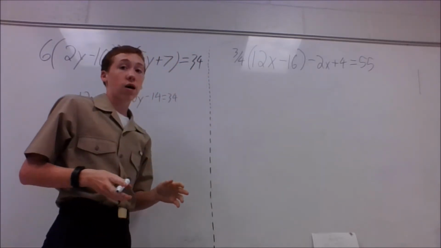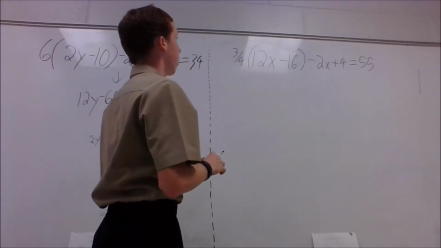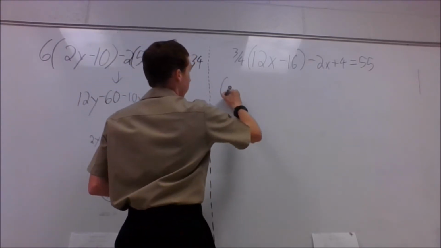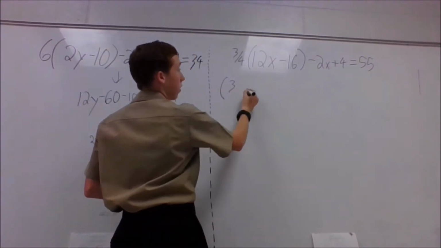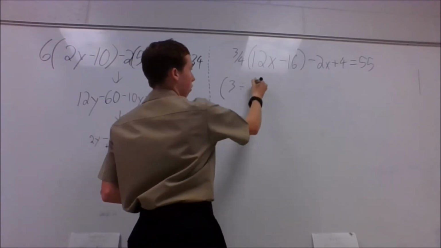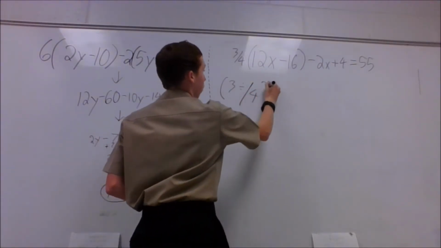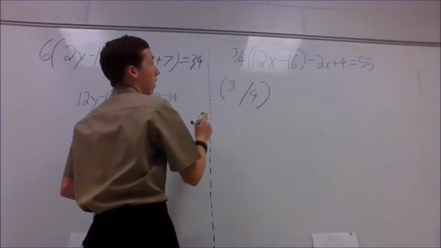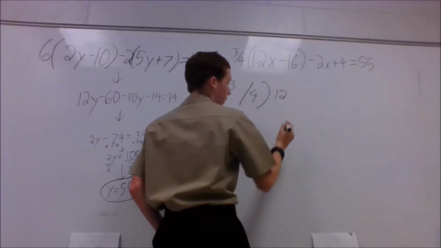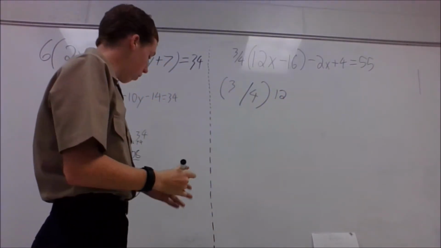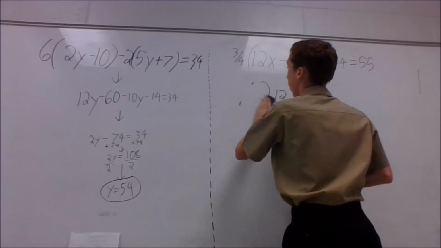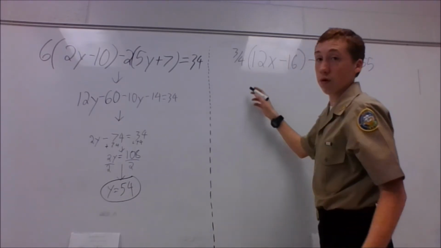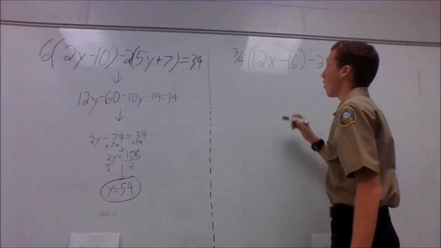So, if you have your calculators, you might want to go ahead and put this in. You want to put in parentheses 3 divided by 4, parentheses, and then you want to put in your 12. What that will give you is whatever 75% of 12 is, since 3/4 is equivalent to 75%.